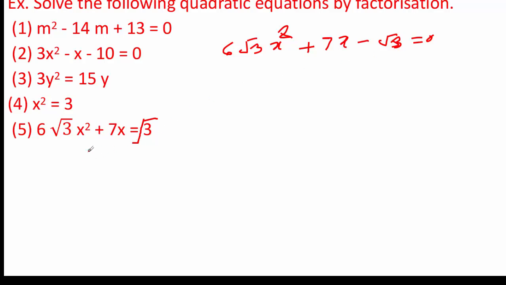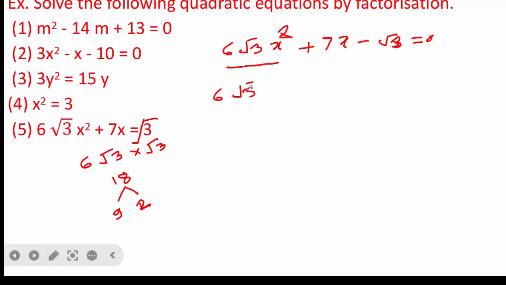And the factors are 6 root 3 multiplied by root 3, that becomes 6 into 3, that is 18. And factors of 18 are 9 and 2. Therefore, I shall write this as 6 root 3 x square plus 9x minus 2x minus root 3 equal to 0.